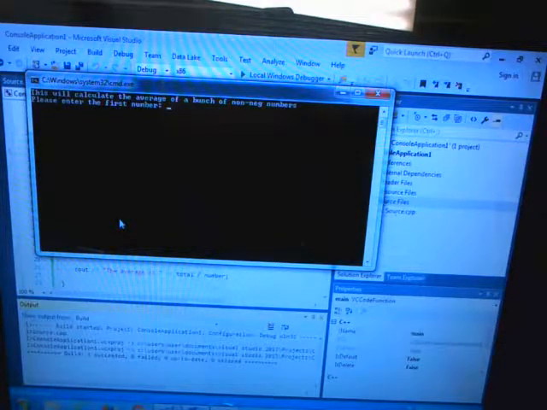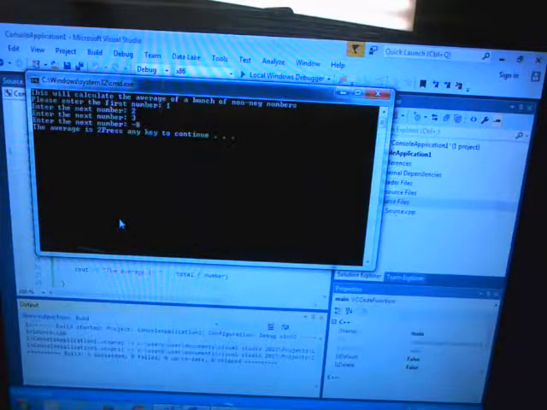Enter the first number. What's the first number? 1. Enter the next number. 2. 3. Let's stop with just 1, 2, and 3, because we know the average should be 2, and let's see if it's working correctly. So now we stop by typing in a negative number, negative 8.